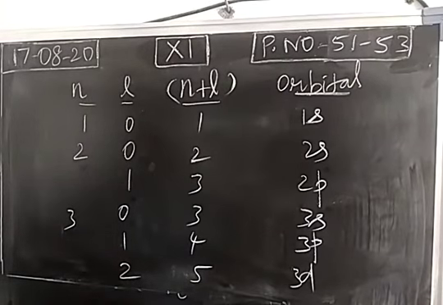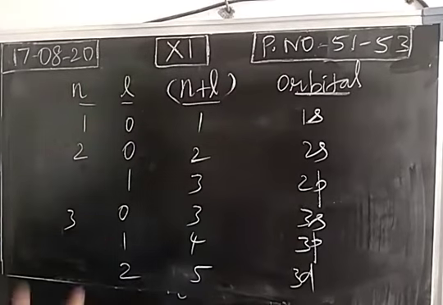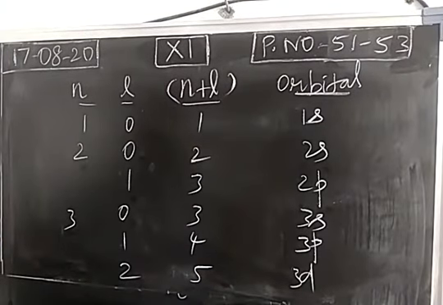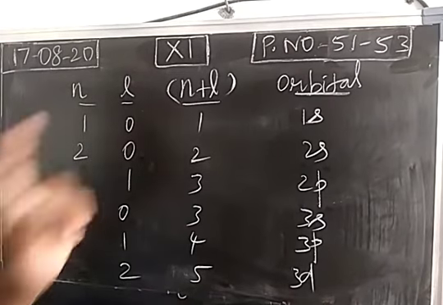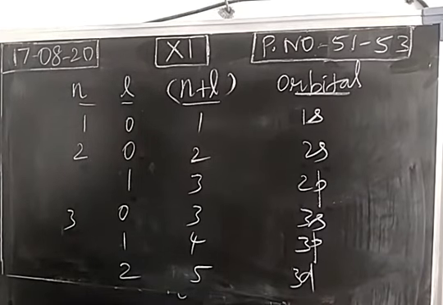So for the orbitals, we have calculated the n plus l value. Now what is the order of energy of orbitals? For that, if an orbital has low n plus l value, it has low energy. The orbital with high n plus l value will have higher energy.